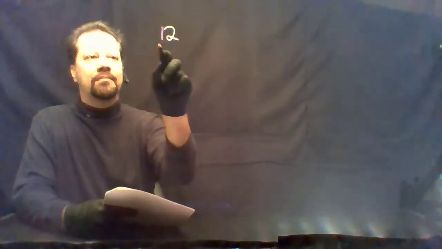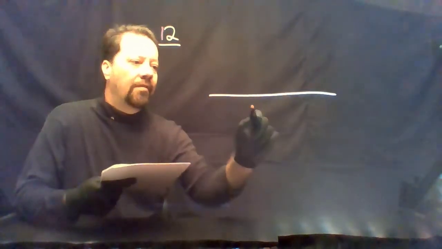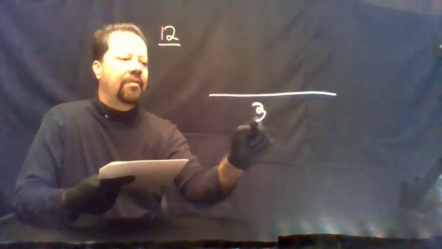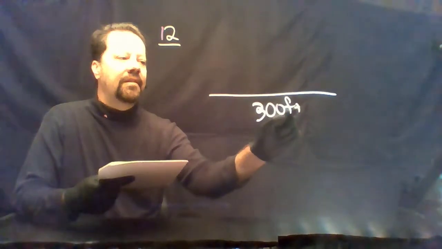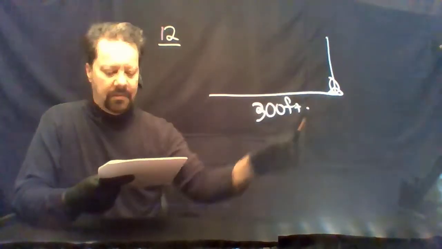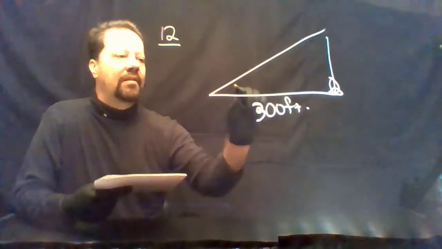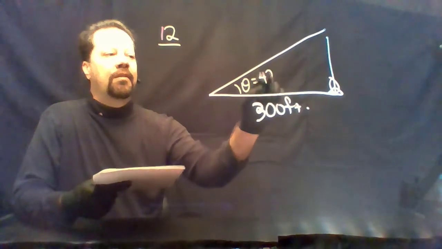On problem 12, I say that from a position 300 feet from the launch site of a model rocket, you measure the angle of inclination at apogee to be 42 degrees.